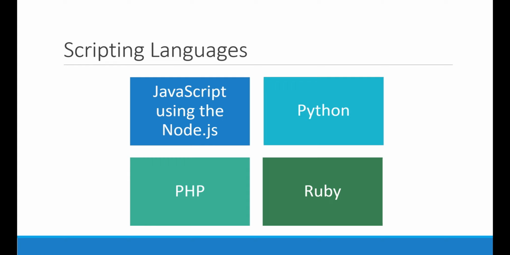Now, languages that don't require explicit compilation before they execute are called scripting languages or interpreted languages, as opposed to compiled languages. They don't need to produce a binary executable.